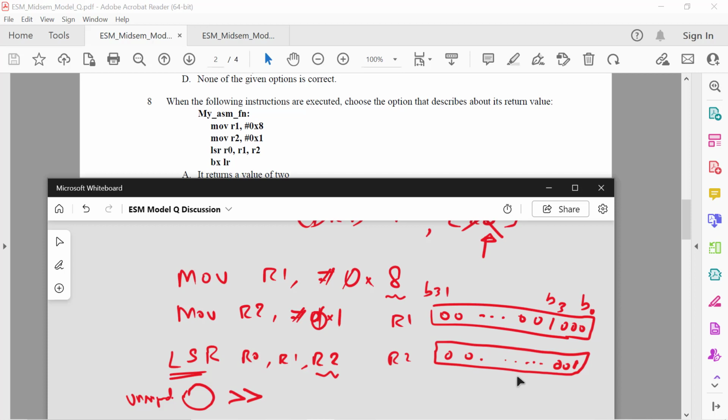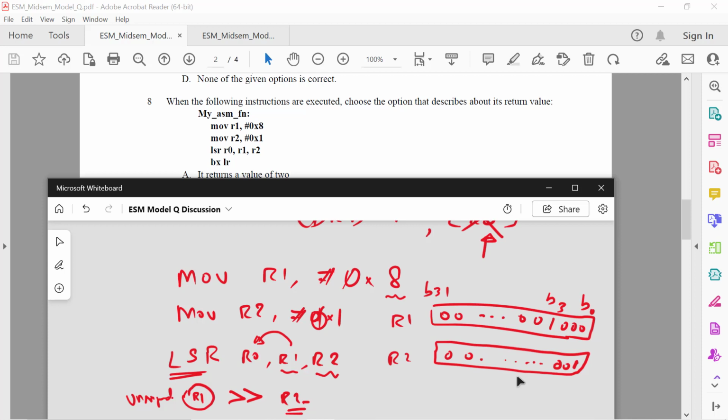ASR is there, LSR is there, but only LSR is given, so a 0 is going to come in. R1's value is right shifted as many times as the value in R2, and the result is put in R0.